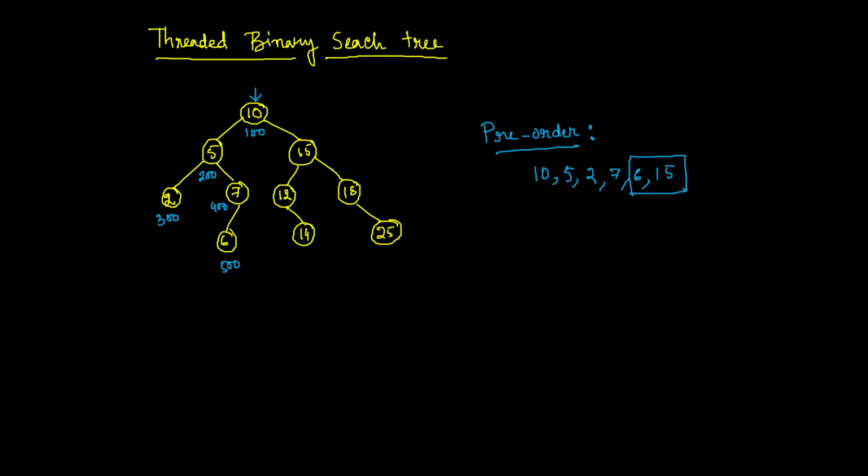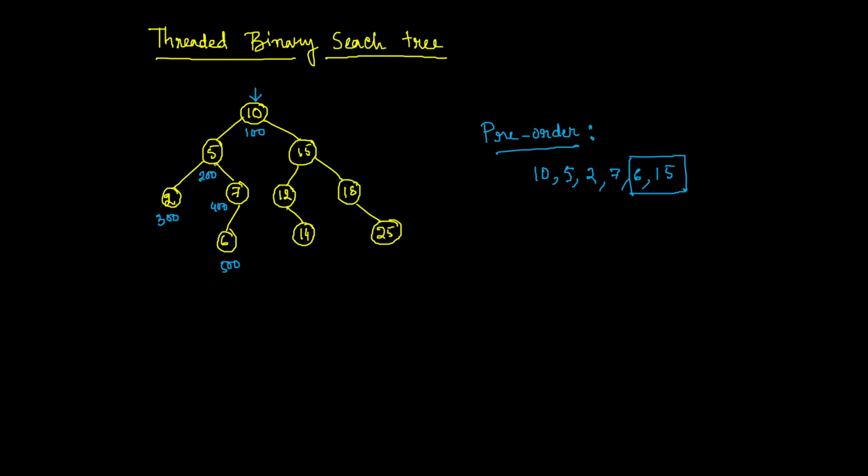Because we have seen that somehow we have to take a pathway so that I can go back. You can say that okay, I will somehow remember the address of its parent. For example, when you are jumping from this node to its left child, you have to store this 100 somewhere. Then when you are jumping from 5 to 2, you have to store 200.